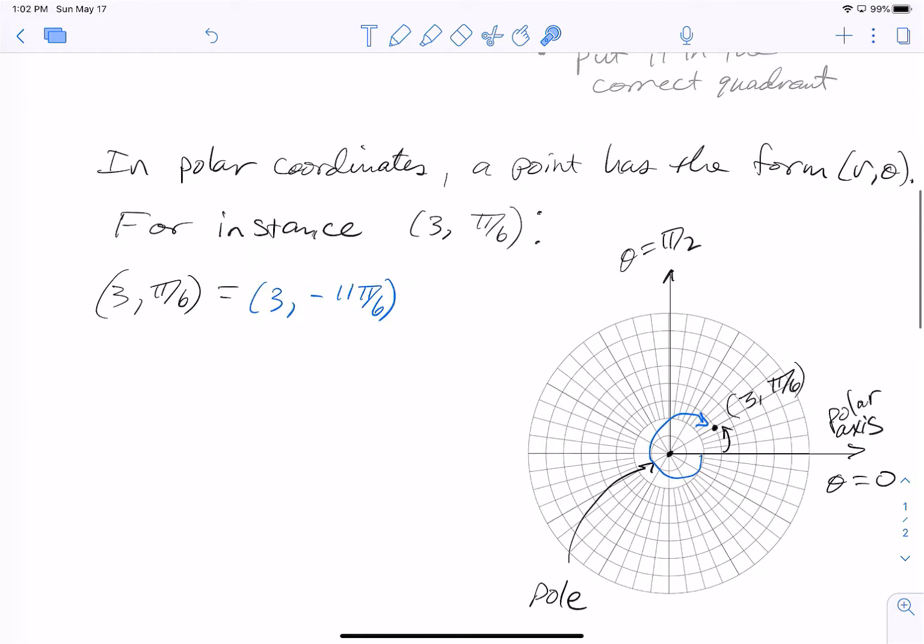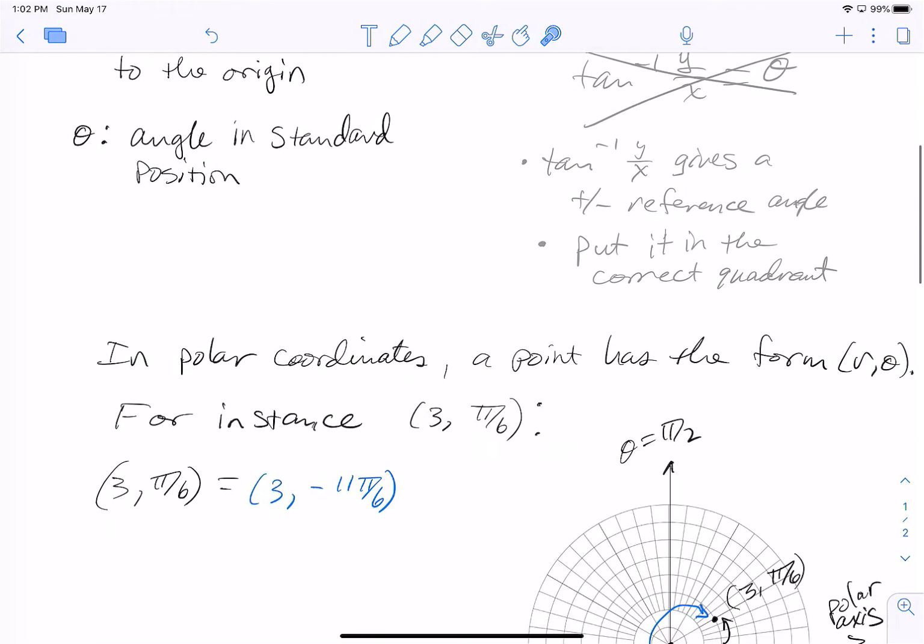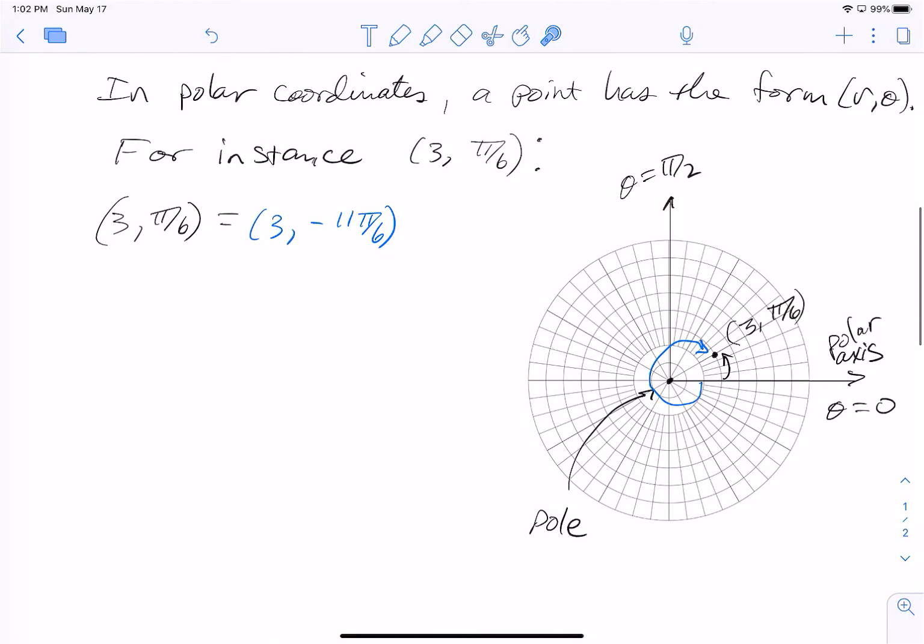Now, we math people have been a little bit weird about something here. We're saying that r is a distance from a point to the origin, and it implies that r can't be negative, but r can in fact be negative. If I want to express this same point (3, pi over 6) using a negative r, totally fine, but keep in mind what a negative r does. A negative r essentially jumps over the pole.